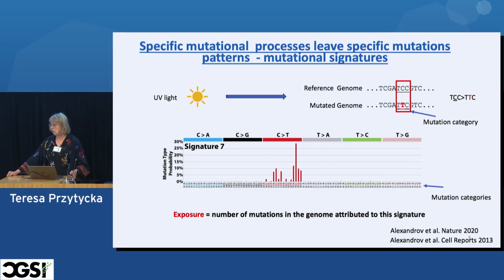And with that, we define a mutational signature as the probability distribution of mutation categories that are associated with a given mutagenic process. Let me also add that for a given genome, we define exposure as the number of mutations in the genome that is attributed to a given signature.